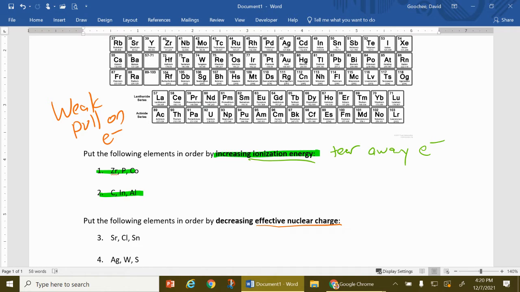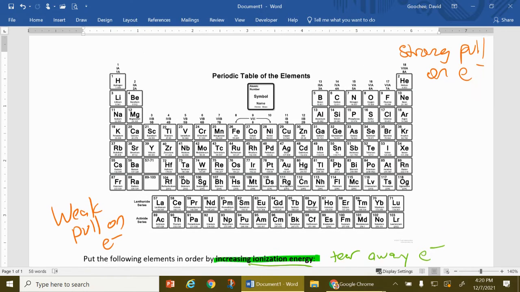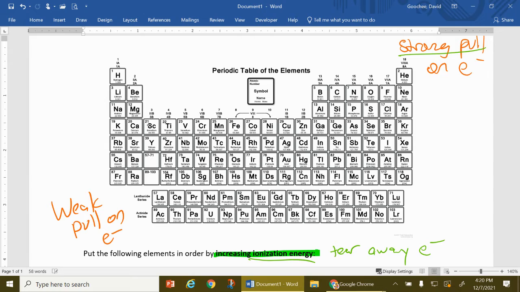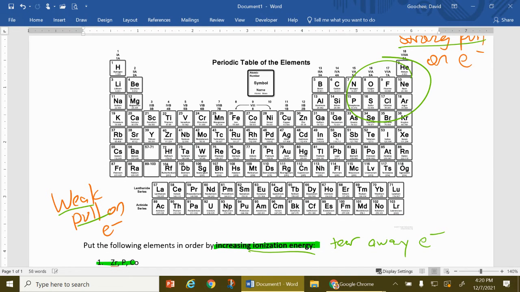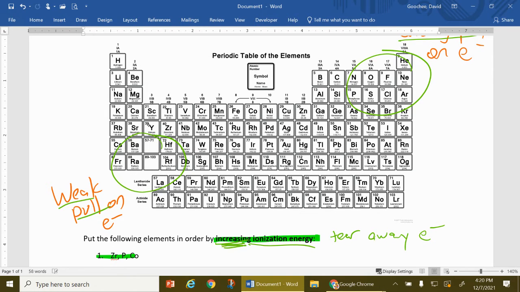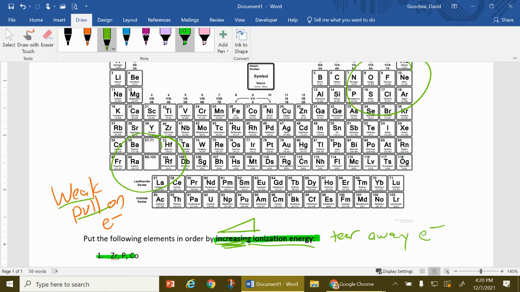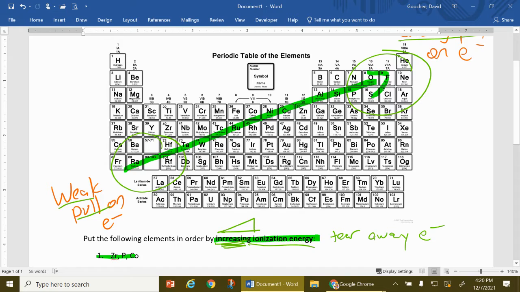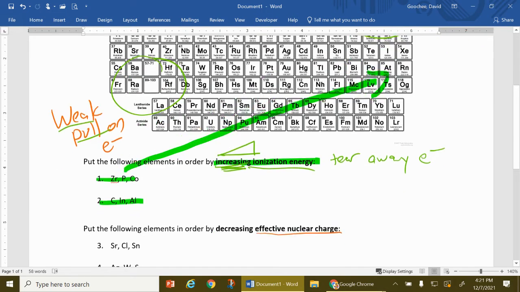If you think about it, in the upper right, where there's a strong pull on the electrons, it's going to be very hard to tear away the electrons, so the ionization energy is going to be higher up here. Where you have a weak pull on electrons, the energy it takes to tear away electrons is going to be lower, down here. So an increasing trend, going from low to high, is going to go from the bottom left to the upper right.